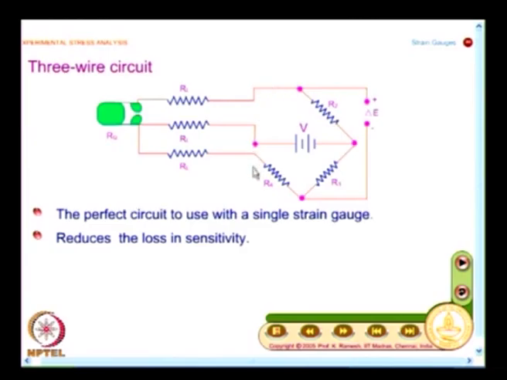This portion does not change, but how do you connect the strain gauge to the strain meter in forming the bridge is slightly modified and shown here. And what is recommended is, this is the perfect circuit to use with a single strain gauge.